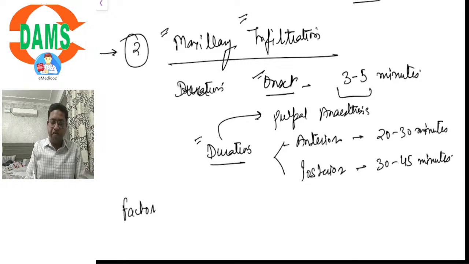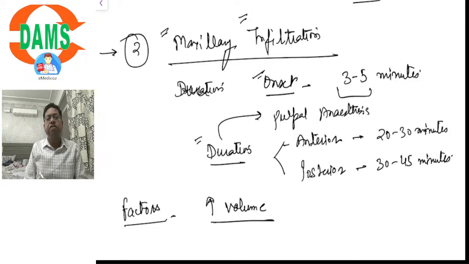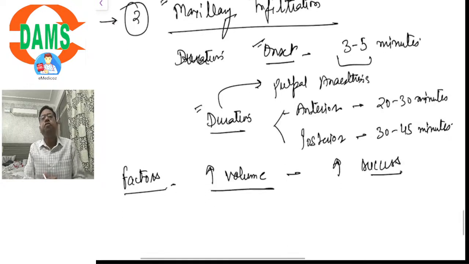What are the factors to increase the success of maxillary infiltration? Increased volume. Maxillary infiltration is deposition into the vicinity of the nerve fibers, so increased volume increases the success because more local anesthetic would be available to diffuse into the local area. But increasing the volume does not increase the success rate of inferior alveolar nerve block.